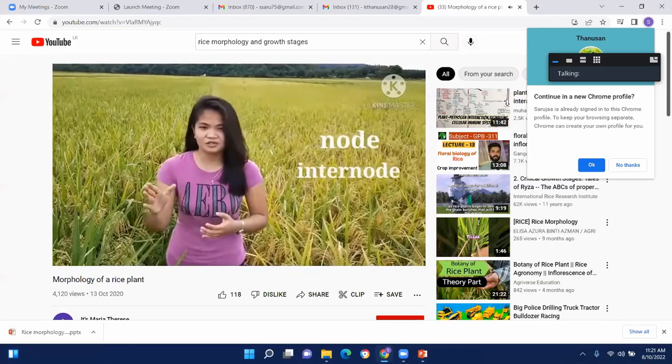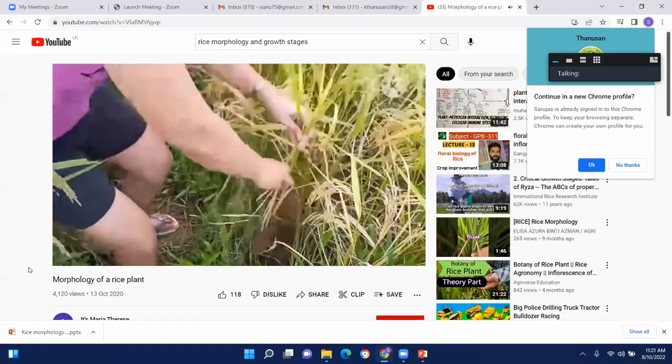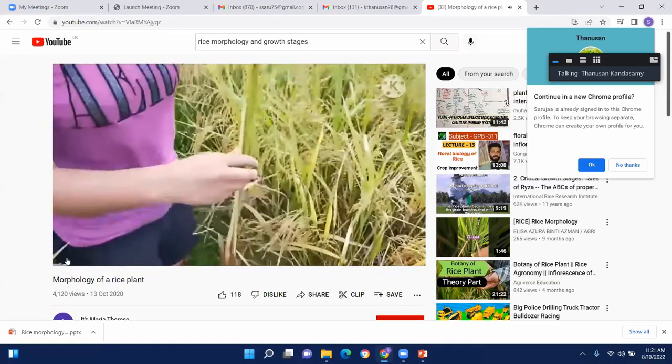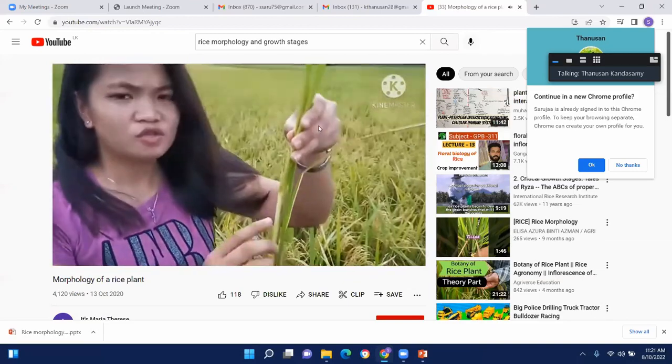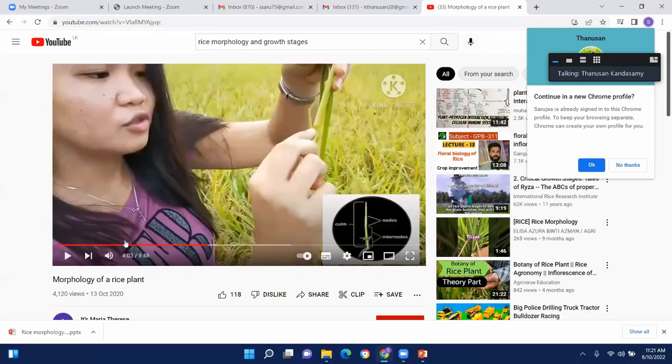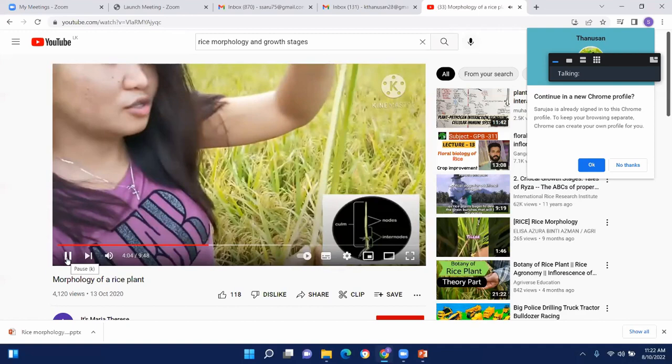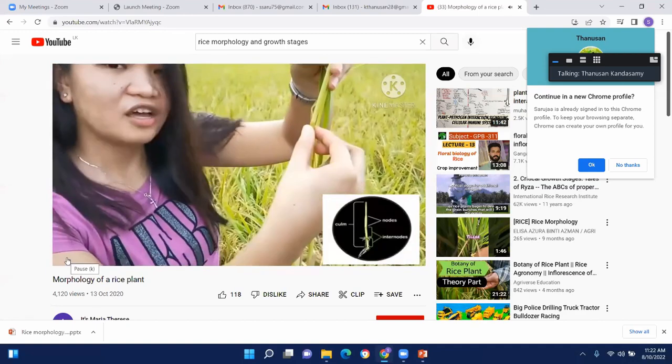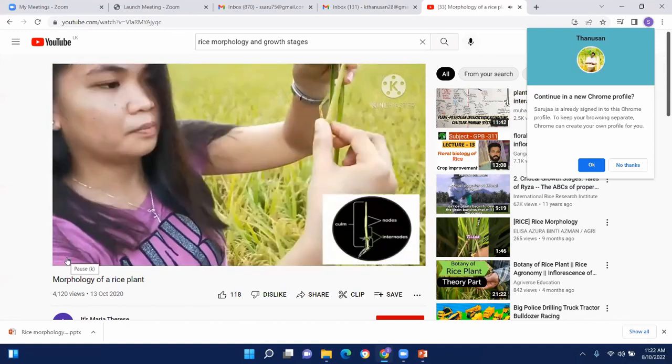On this part, this is what we call the node. Between the two nodes, this is called the internode.